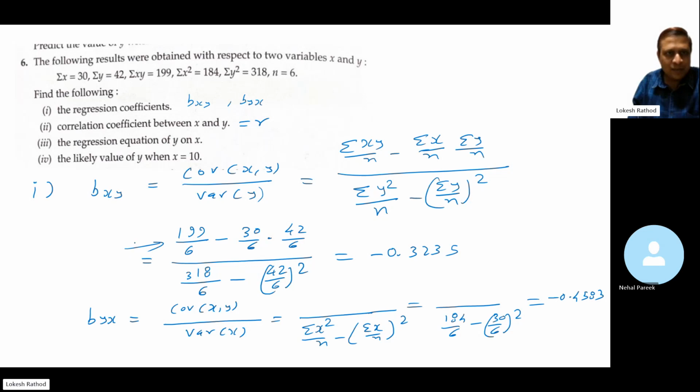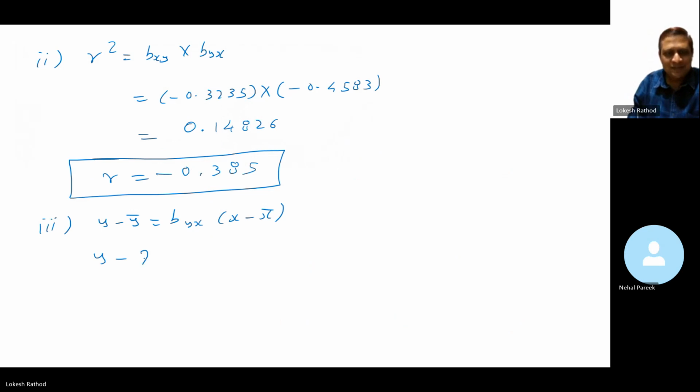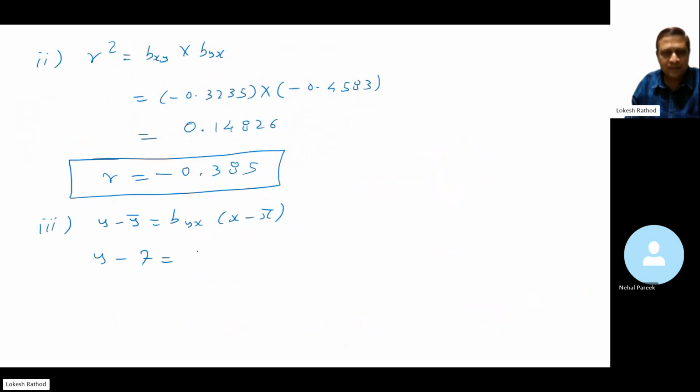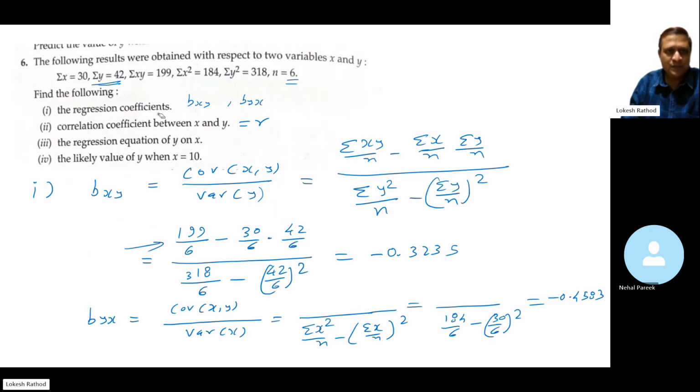Y minus y bar is equal to byx times x minus x bar. Y bar is sigma y over n, 42 over 6, that is 7. Byx we already found, minus 0.4583. X bar is sigma x over n, 30 over 6, that is 5.